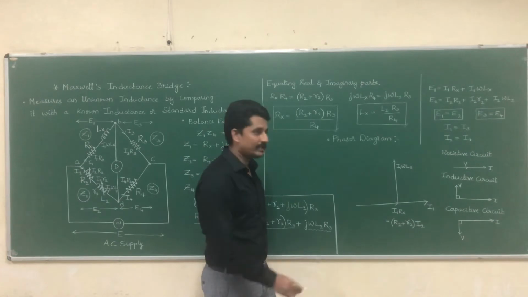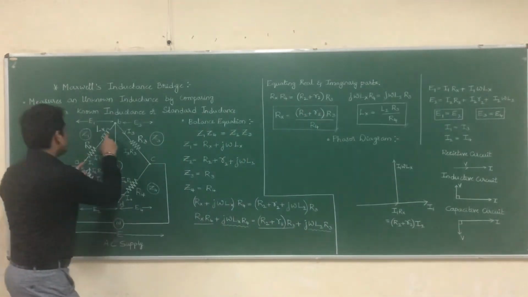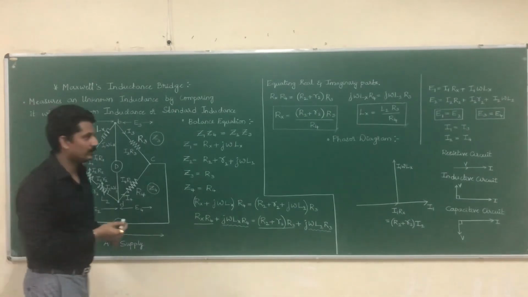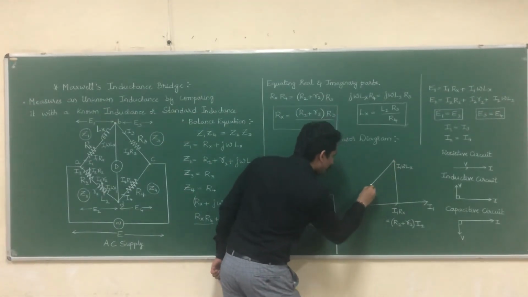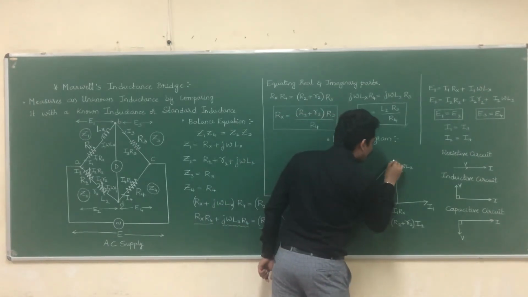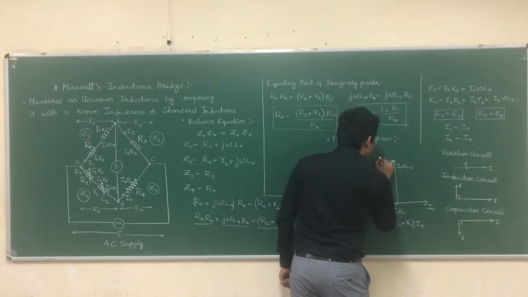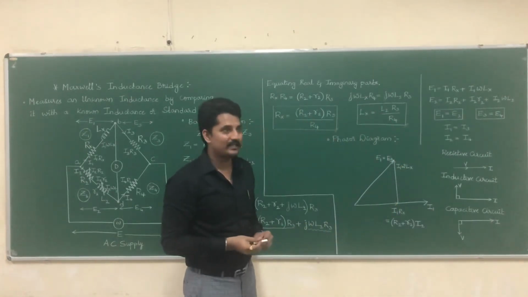What is the resultant? I1 Rx and I1 omega Lx. The resultant of these two will be E1, right? And this E1 is also equal to E2 under balanced condition.